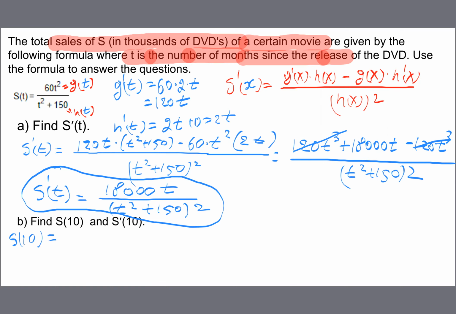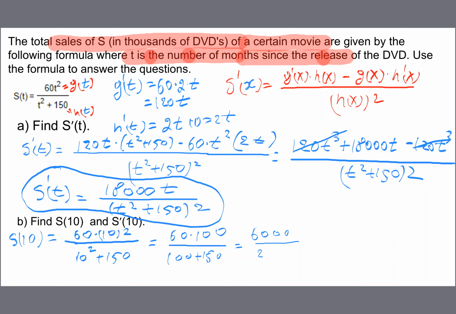I'm going to plug this into our original function. 60 times 10 squared over 10 squared plus 150. 60 times 100 over 100 plus 150, 6,000 over 250.